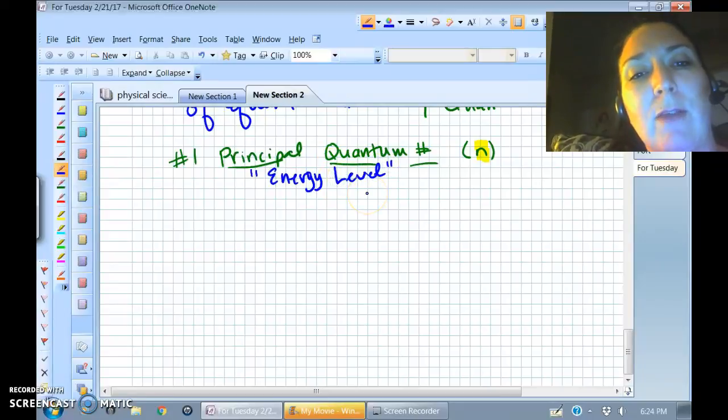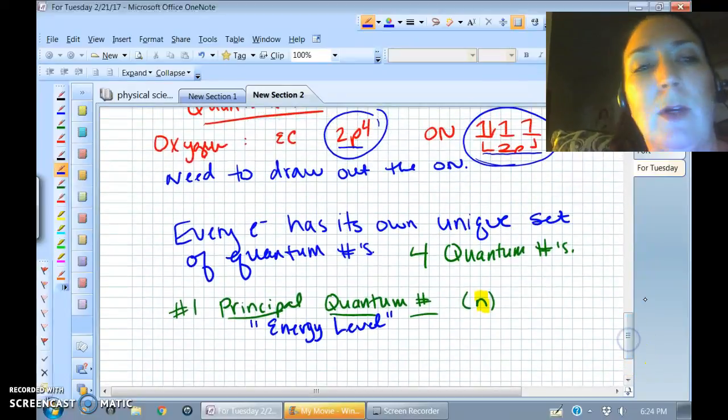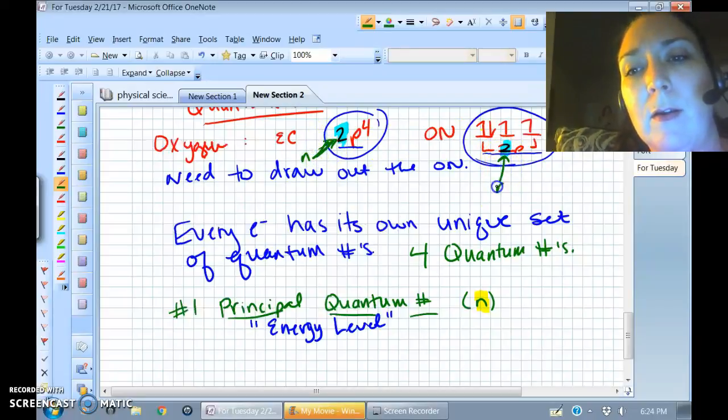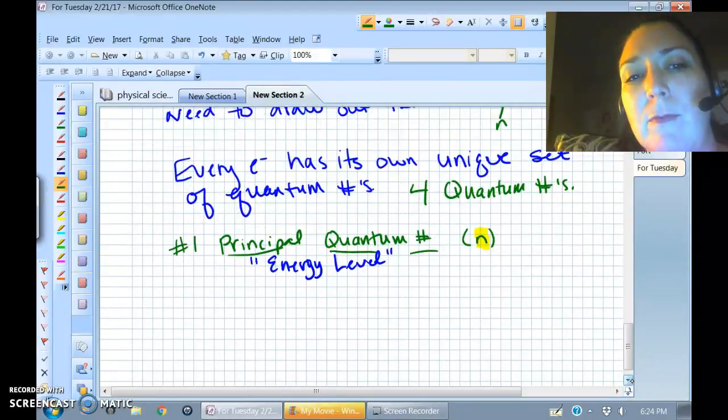Okay, this is our energy level, which, if you recall, correlates with these coefficient values. For oxygen, 2 is your energy level here. Alright, so this is n. Okay? So the principal quantum number is the energy level.